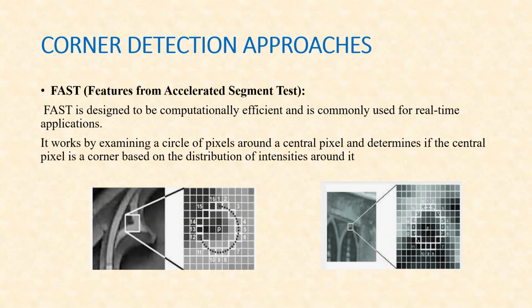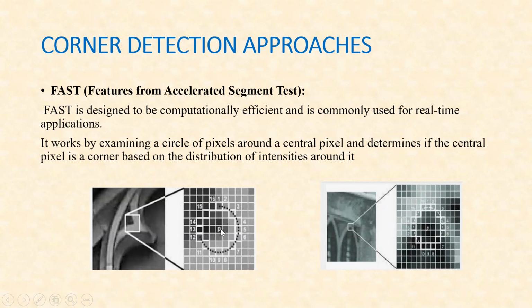Then there's what we call Features from Accelerated Segment Test. This one examines a circle of pixels surrounding the center pixel so that a corner can be detected based on the distribution of intensity surrounding that pixel. As you see from this diagram, there is a pool of pixels surrounding the center pixel.